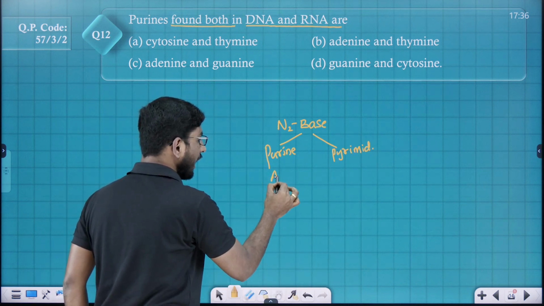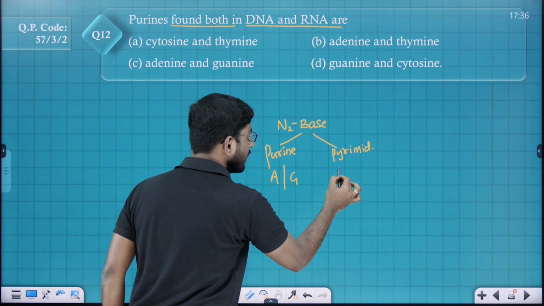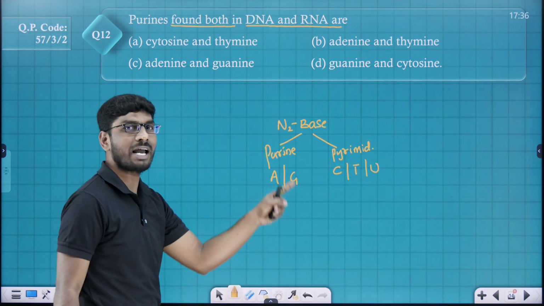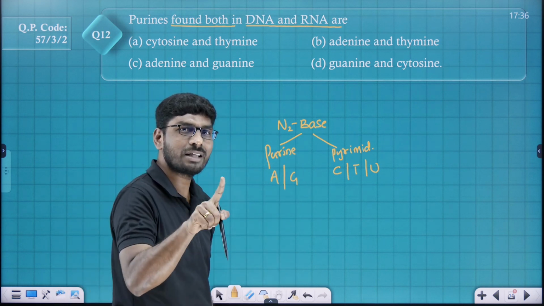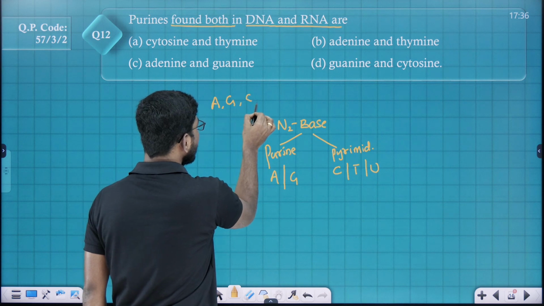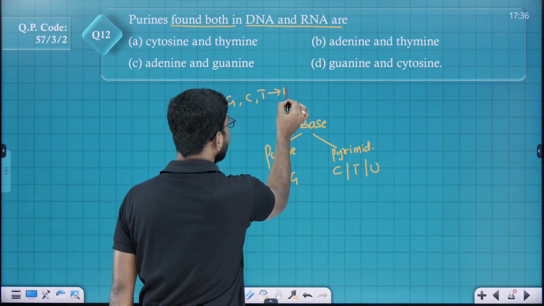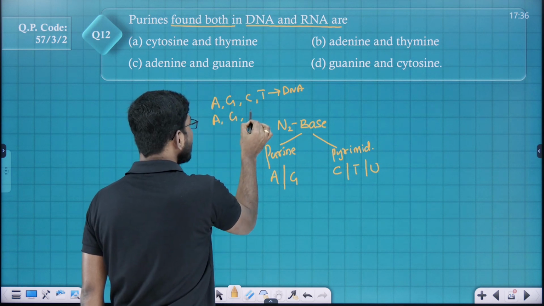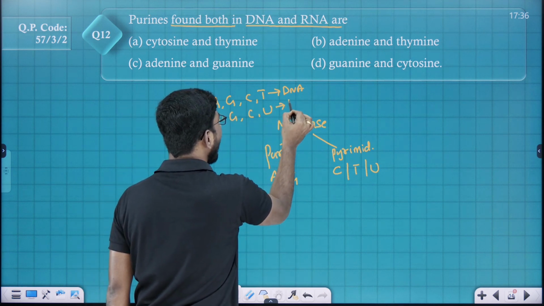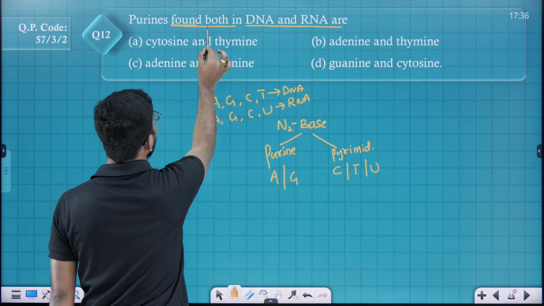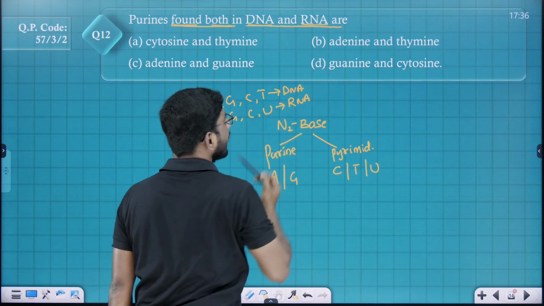Purines are A and G. Pyrimidines are C, T and U: cytosine, thymine and uracil. Now A, G, C, T present in where? DNA, right? And A, G, C, U present in where? RNA.